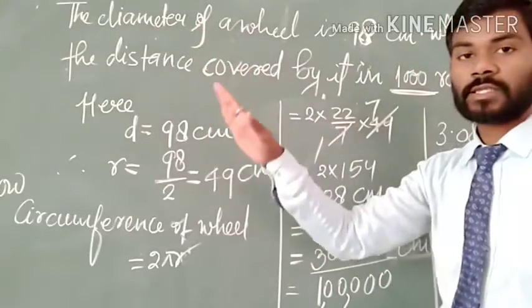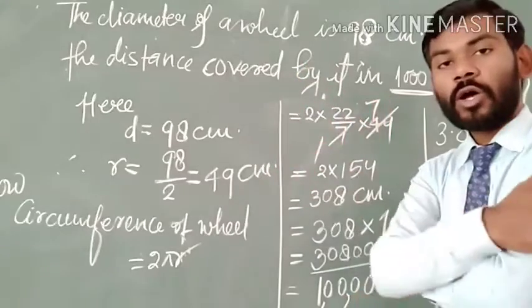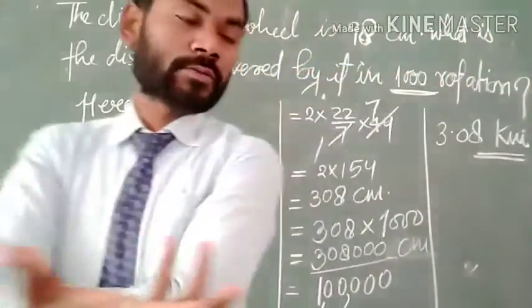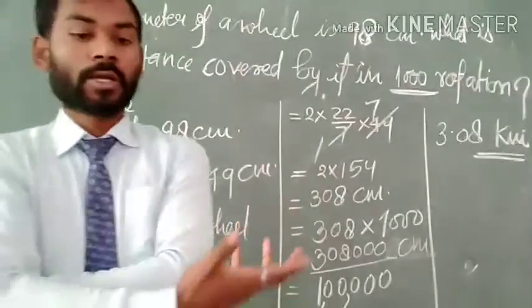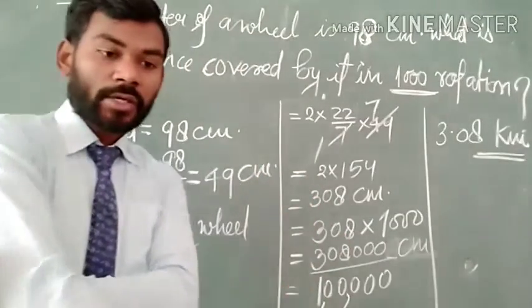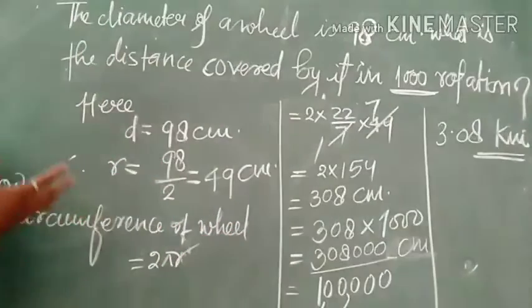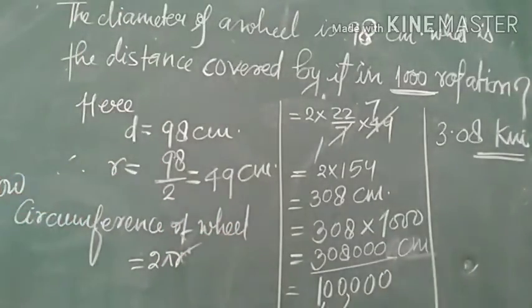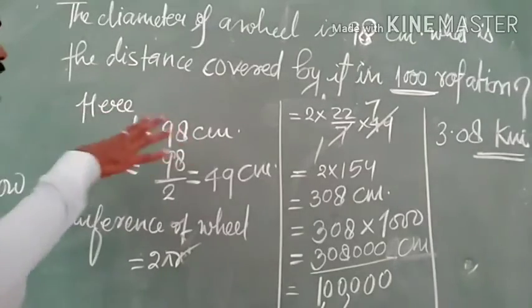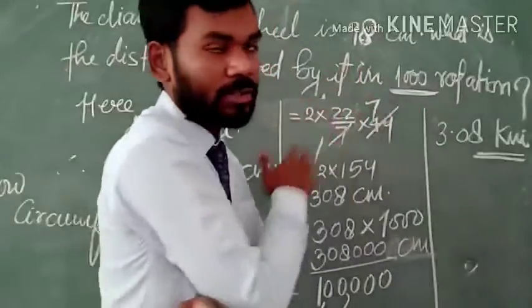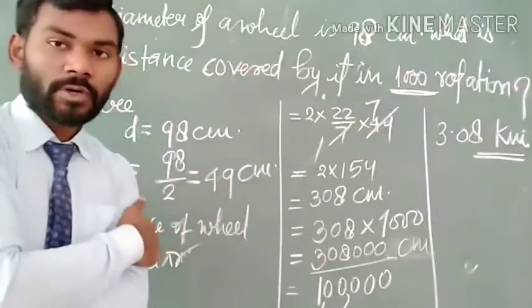The given question says that the diameter of a wheel of any vehicle, you can consider it a truck, is 98 centimeter. So, what is the distance covered by it in 1000 rotations?